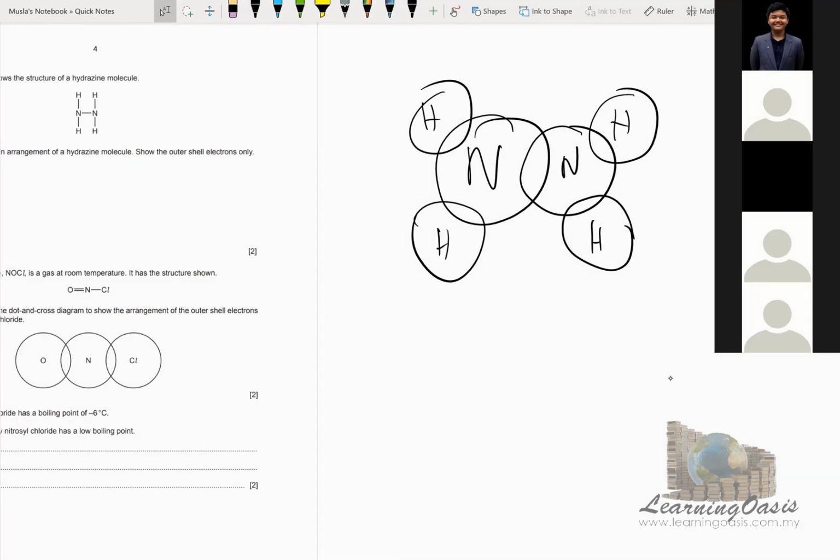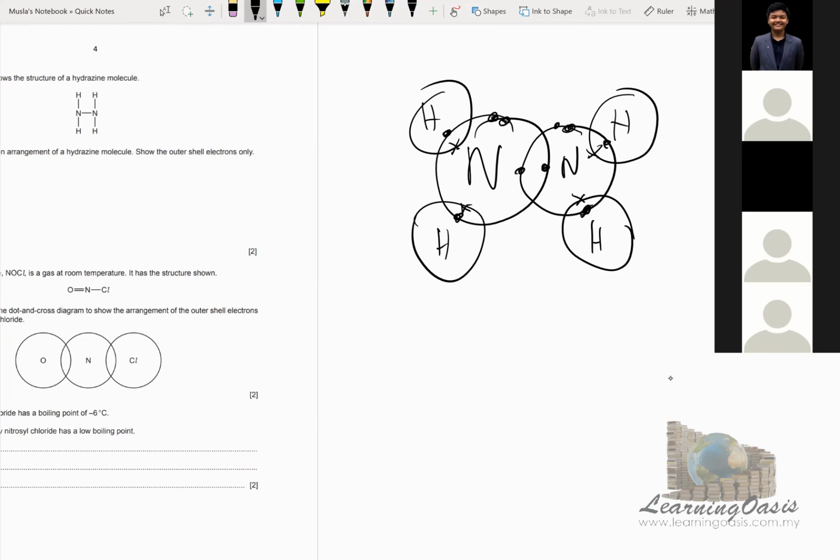It requires another 3. 1, 2, 3, 4, 5. Okay. Now, hydrogen requires another 1. Right. So, hydrogen requires another 1. Nitrogen, 1, 2, 3, 4, 5.